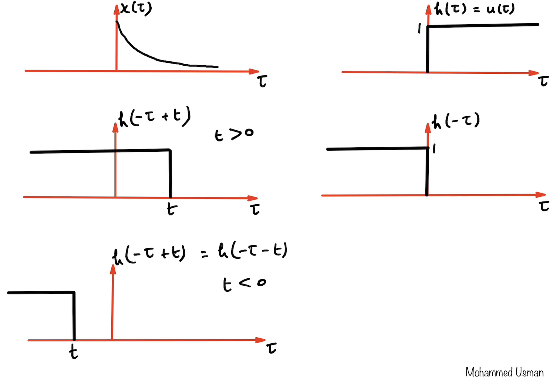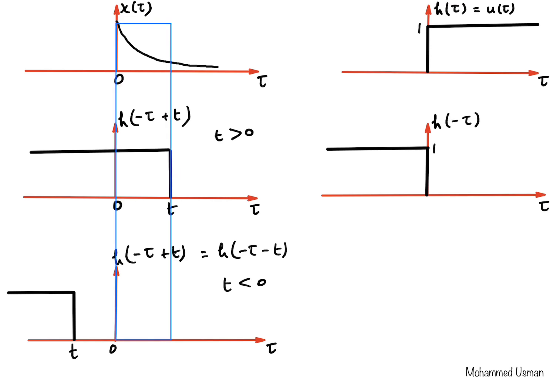For all other values of t, it is going to be 0. So what we are saying is, when we multiply x of tau with h of minus tau plus t, they have an overlap only from 0 to t. For all other values, there is no overlap giving us a non-zero value.